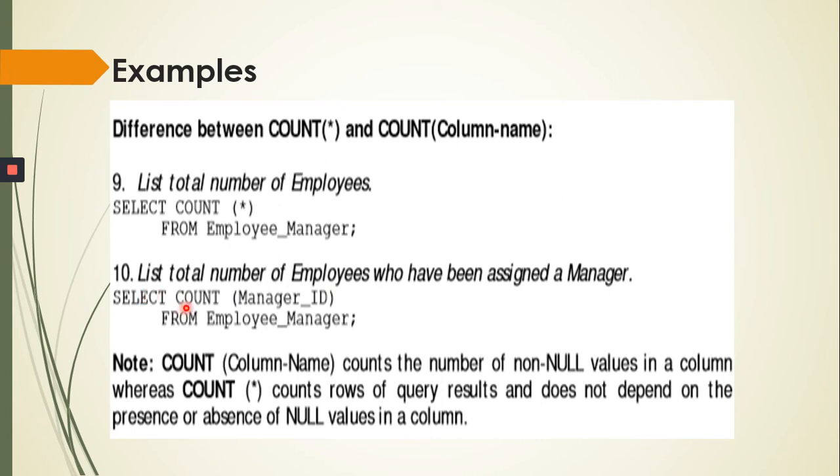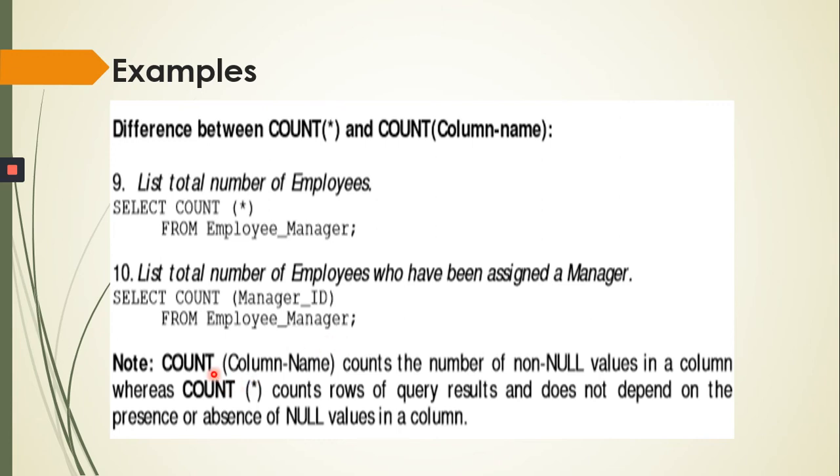So SELECT COUNT manager ID from the employee manager table. Suppose we have 5 managers, then we have only 5 manager IDs. The employees who are managers are assigned a manager ID only. As per that logic, SELECT COUNT, in brackets we write manager ID, FROM employee manager.